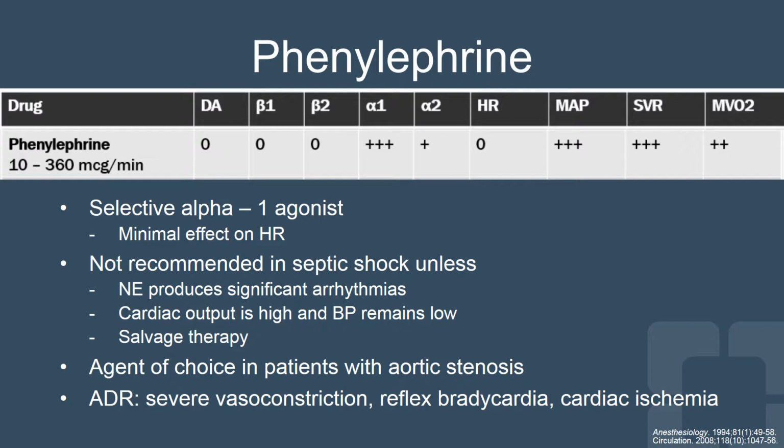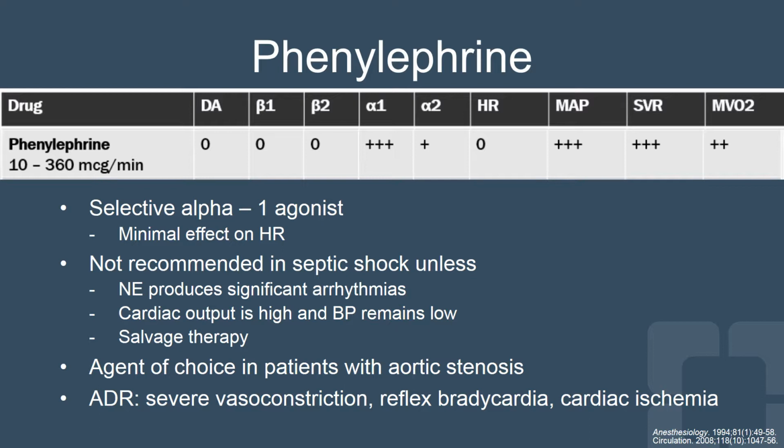Now, it is interestingly the agent of choice in patients with aortic stenosis. This does not seem very intuitive because why would you give a patient a pure alpha squeezing agent in a patient that already has an aorta that is stenosed?